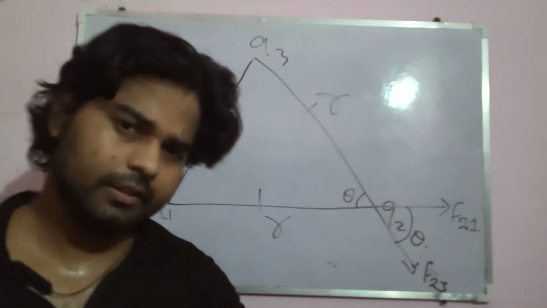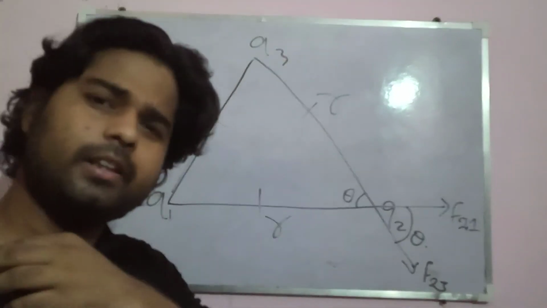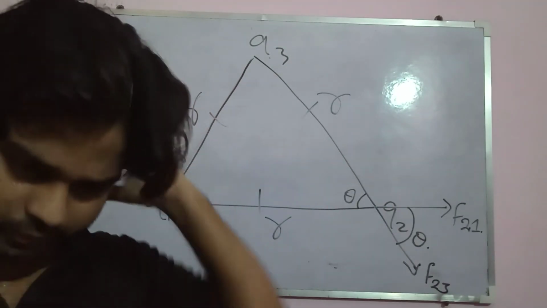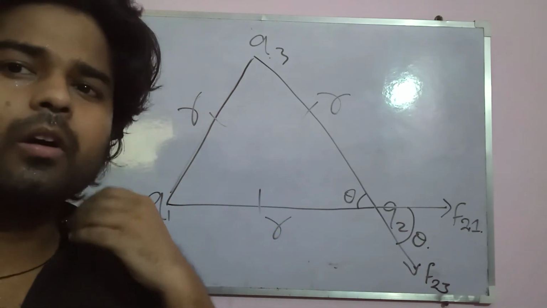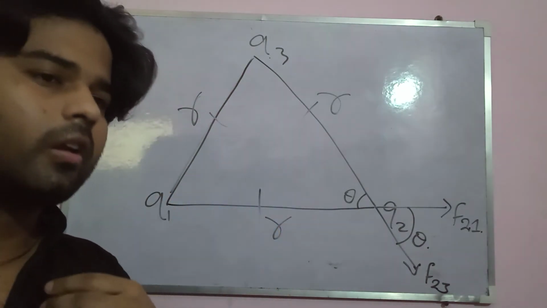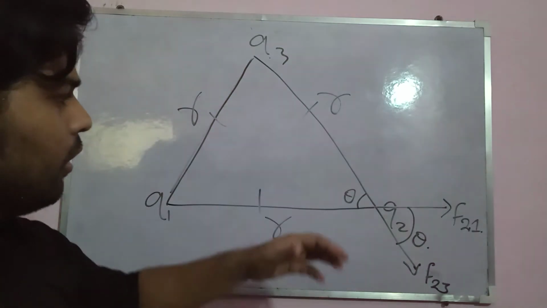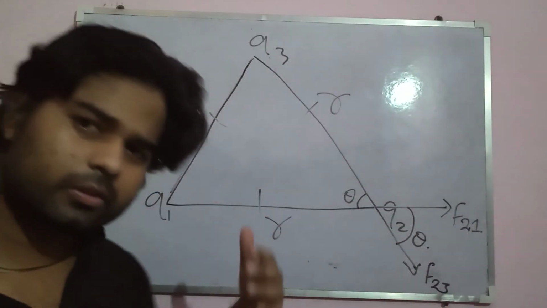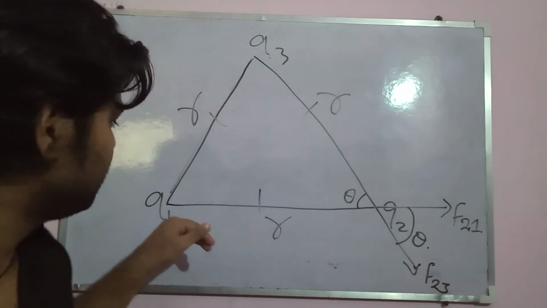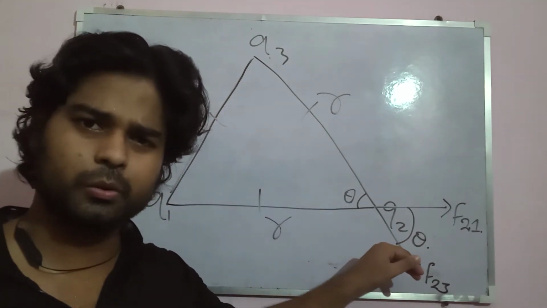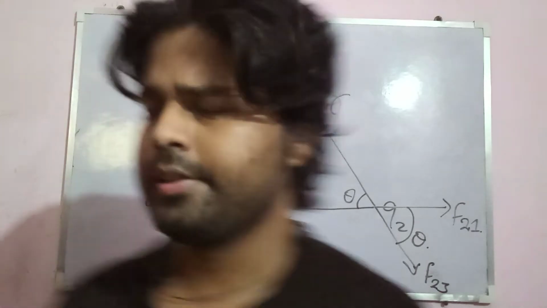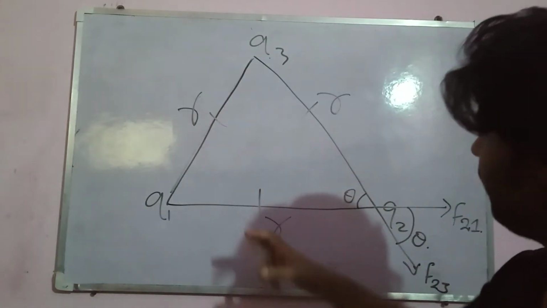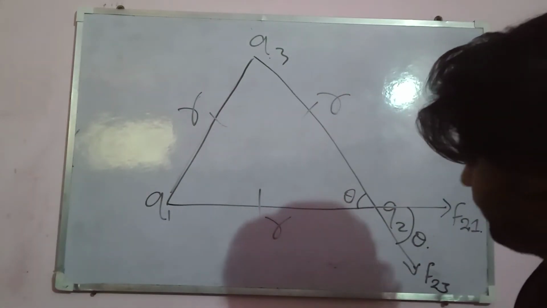See here, we have an equilateral triangle, and there are three charges on each corner of it: Q1, Q2, and Q3.